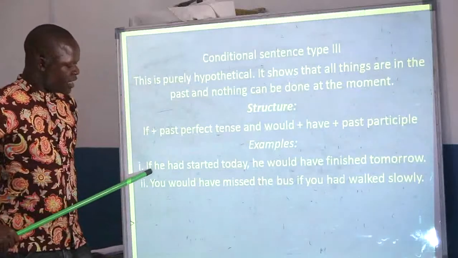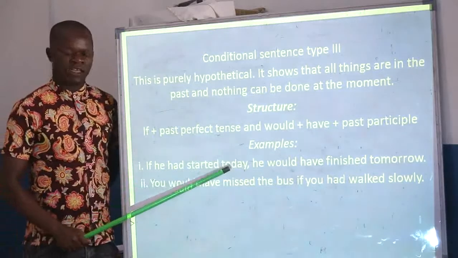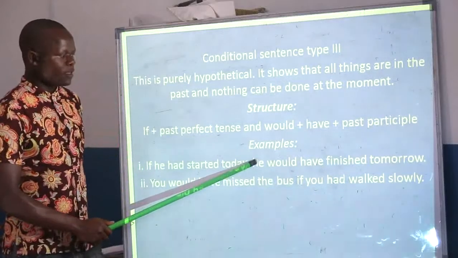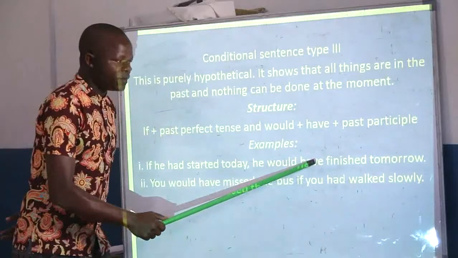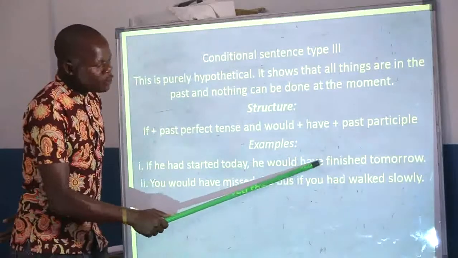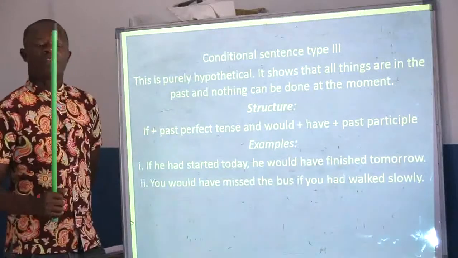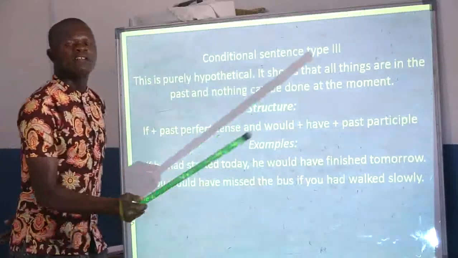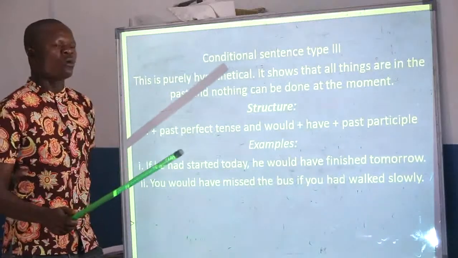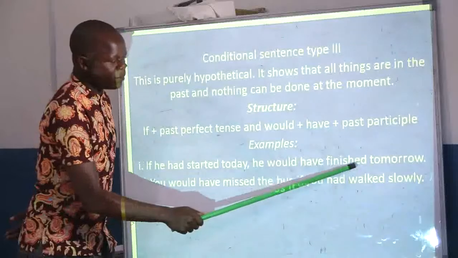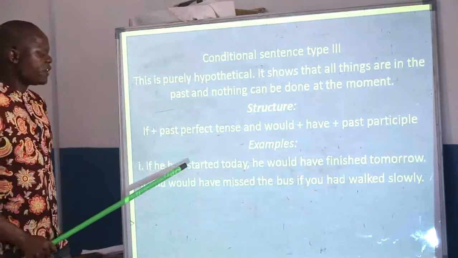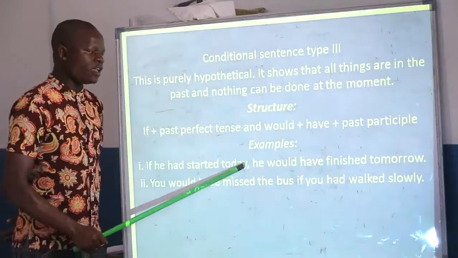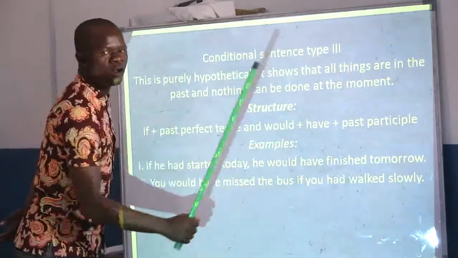So I say, if he had started today, he would, as we said before, have. Then, because I also have have here, that is why my verb must change into past participle. Have finished tomorrow. That means if he had started today, he would have finished tomorrow.